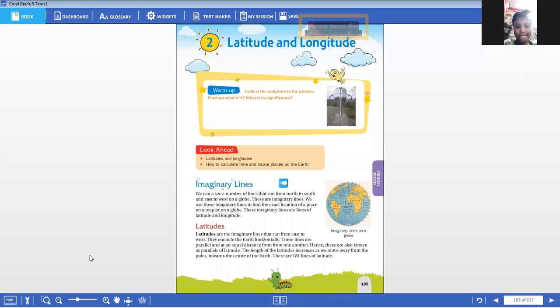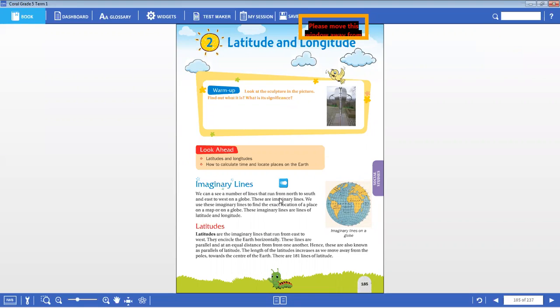And we already came to know that the imaginary lines are divided into two types.